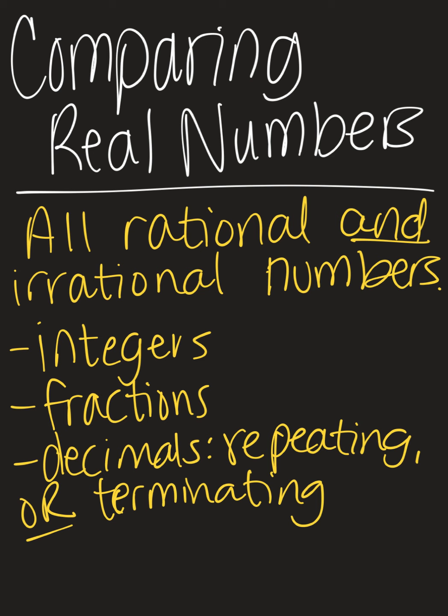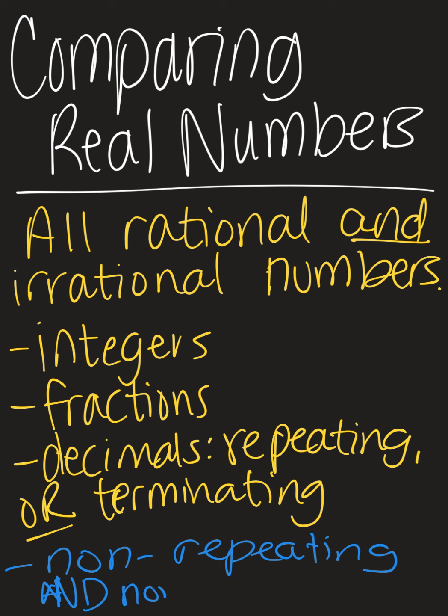So those are all rational numbers. And then irrational numbers include numbers that are non-repeating, non-terminating decimals. But we don't usually write them as a decimal that's going on and on forever. Okay?